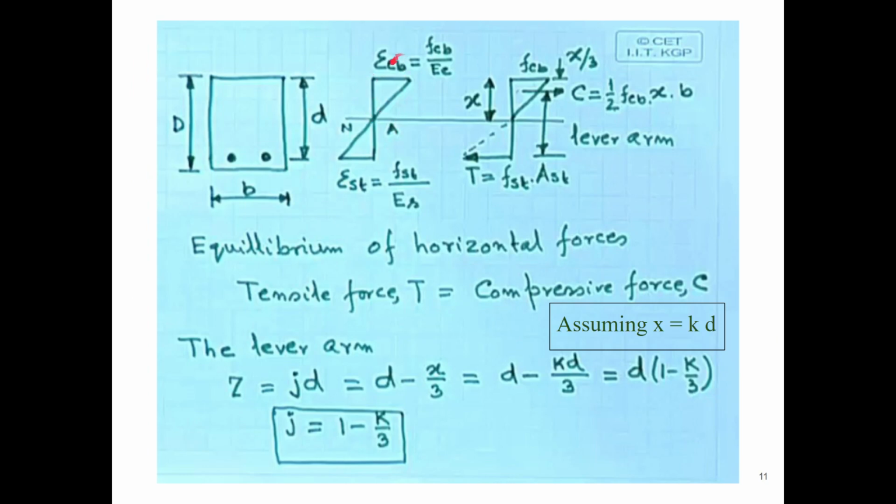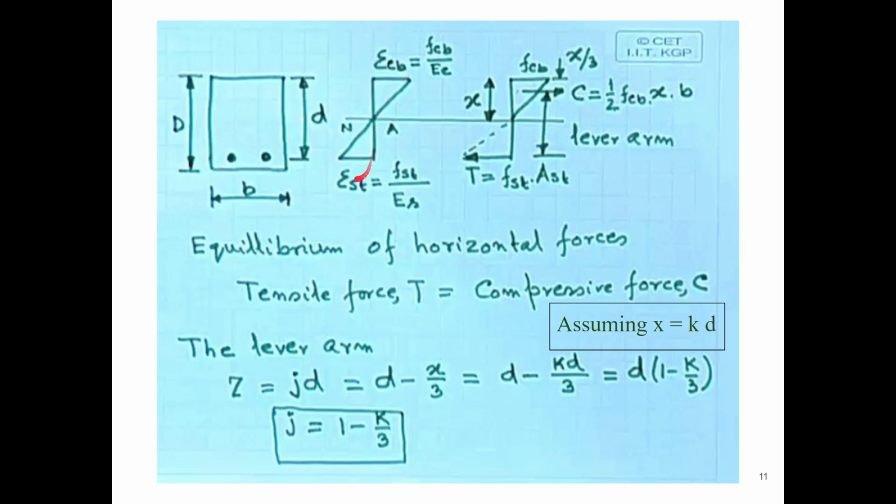So basically this theta and theta are equal, and because it is small, tan theta is equal to tan theta. So that means epsilon cb by x is equal to epsilon st by d minus x.